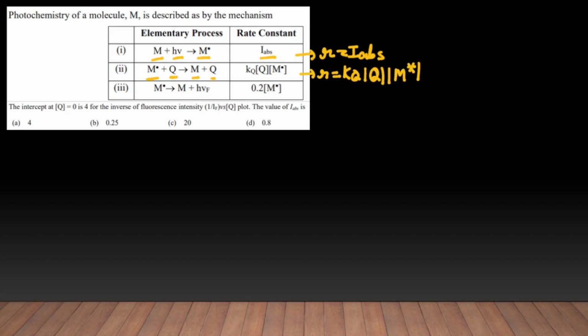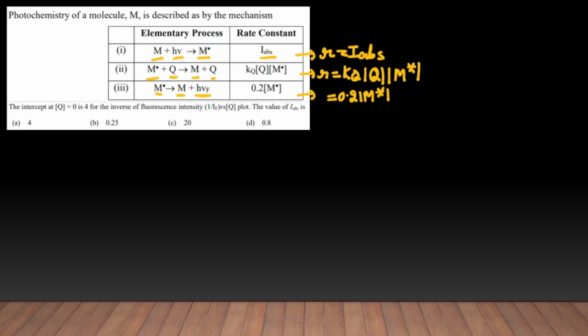Now in the final step, M star comes back to the ground state with the emission of h nu F, having the rate 0.2 into M star. This is what is shown.